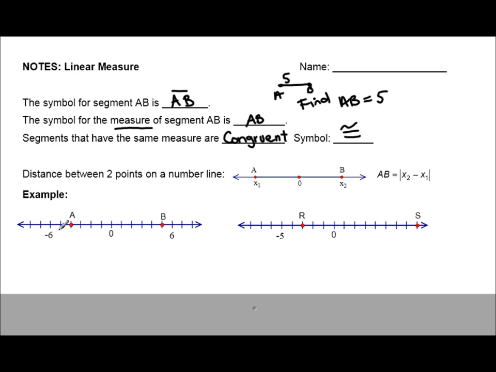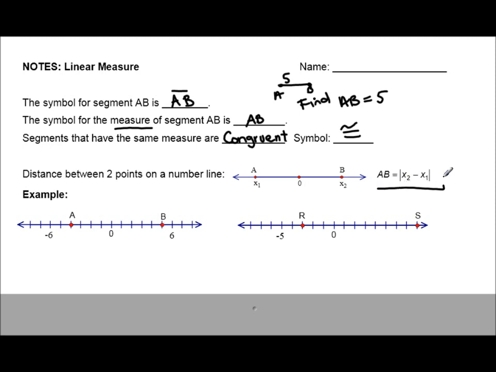If you have a line segment that's on a number line, you could find the distance by counting. So if I wanted to find the distance of AB, I could just count from A to B and say 1, 2, 3, 4, 5, 6, 7, 8, 9. But later on, the numbers are going to get so big that it would take you forever to count on the number line.